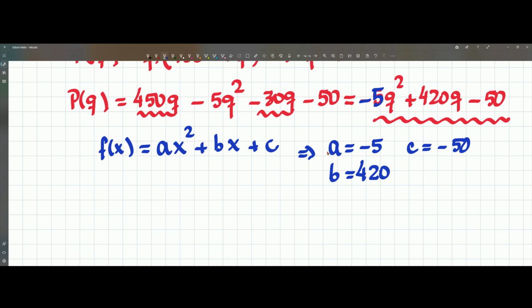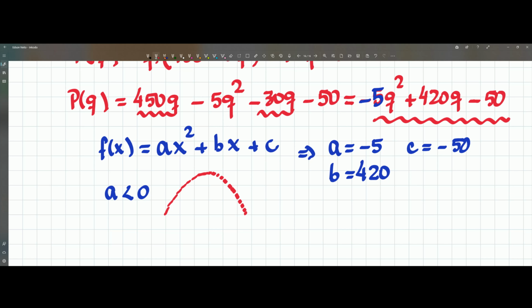And in this case, when a is negative, less than 0, we have a characteristic parabola that represents this demand. In this case, the parabola has this format. Take a look, right?